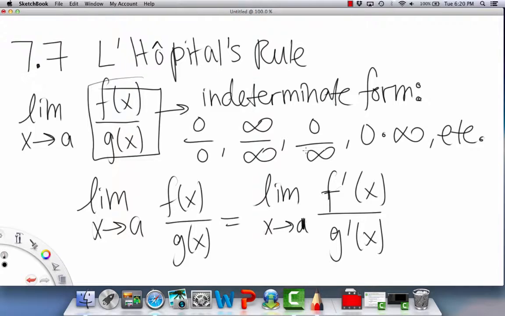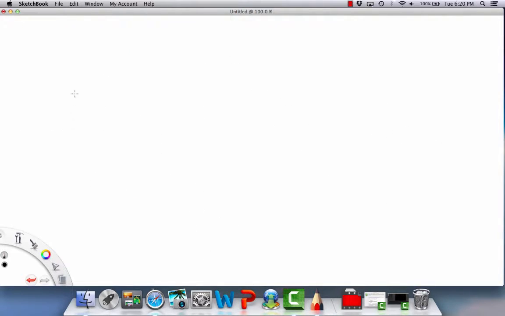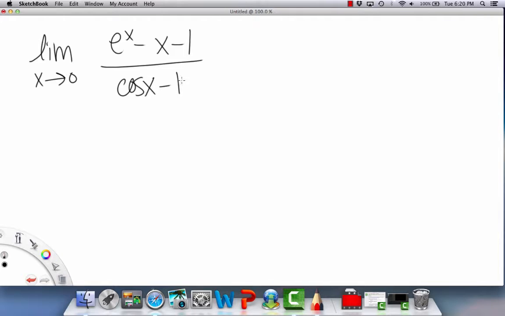So let's try an example. Let's try this one. Okay. So this is in your book as well, if you would like to reference that after this and look back at it, but I just wanted to do it in real time so you could see how it could be solved.